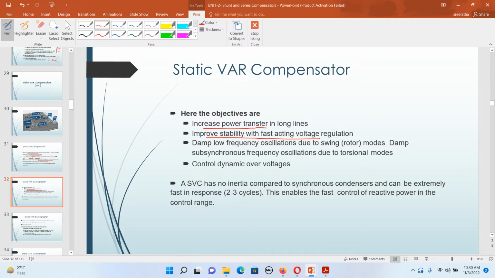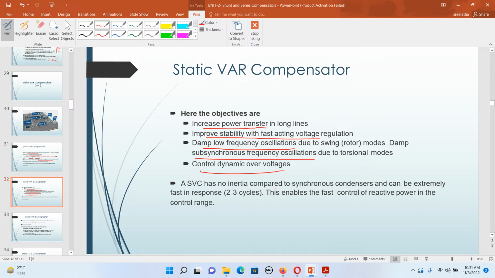Whenever we need fast voltage regulation and dynamic power factor, then we go for SVC. Then damp low frequency oscillation due to swing modes, and damp subsynchronous frequency oscillation. So these are different oscillations we can control using the same SVC, and also dynamic overvoltage control.